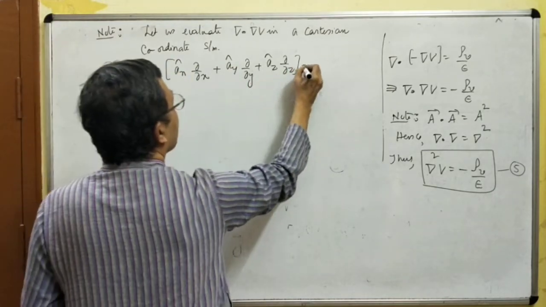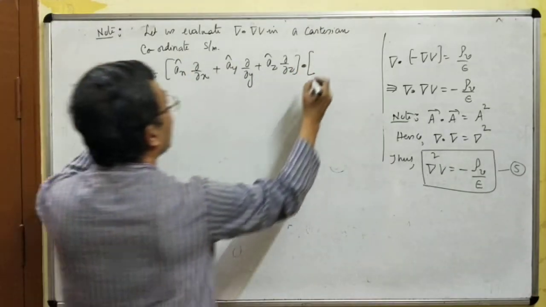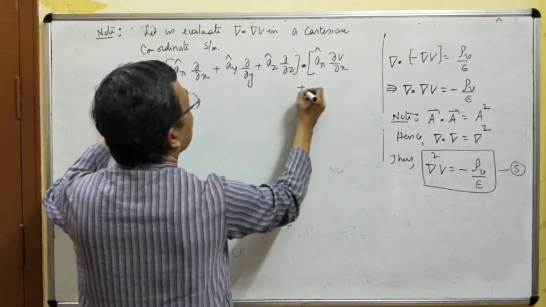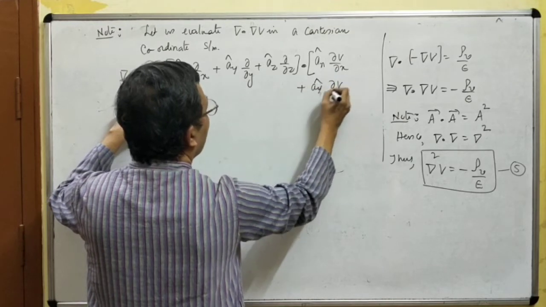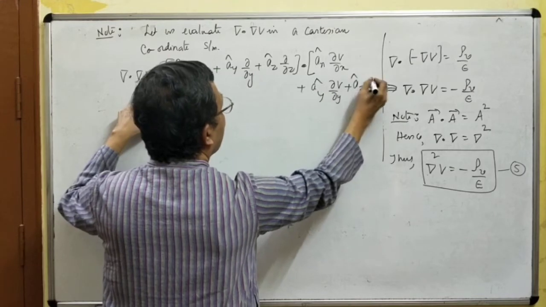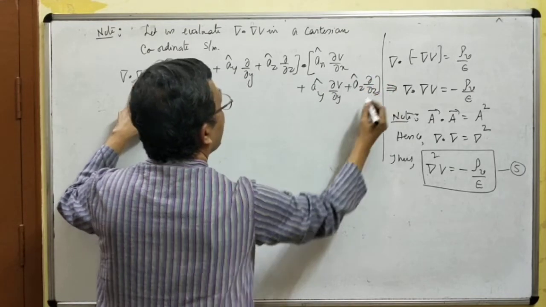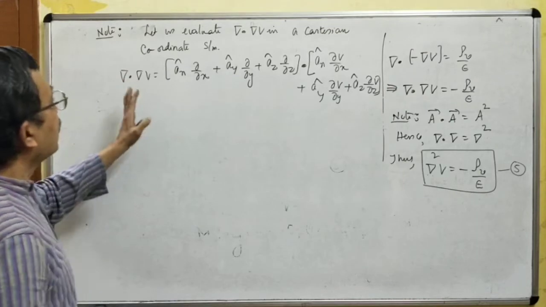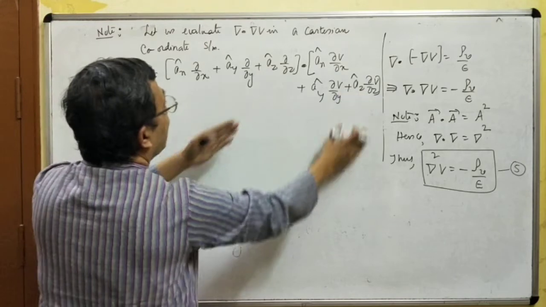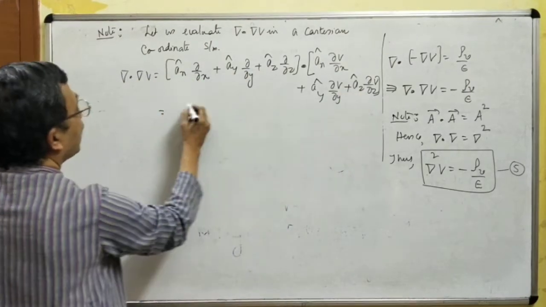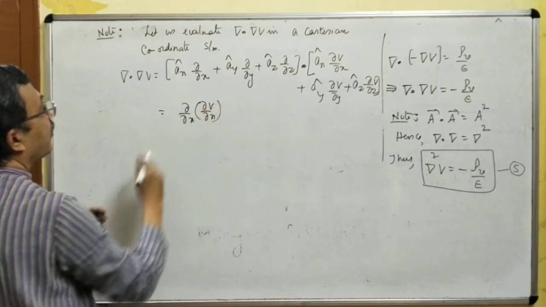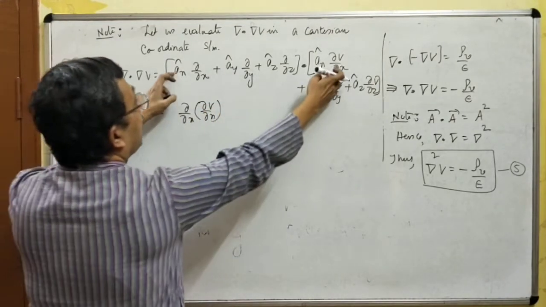Grad V is Ax cap dou V by dou x plus Ay cap dou V by dou y plus Az cap dou V by dou z. Del is a vector, grad V is a vector. If you take the dot product, Ax cap dot Ax cap is 1, so you get dou by dou x operating on dou V by dou x.